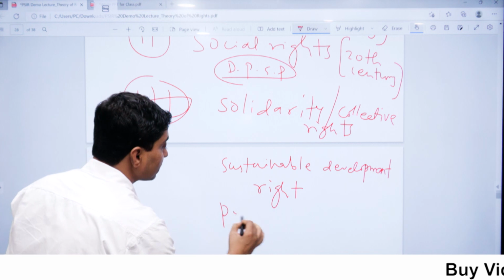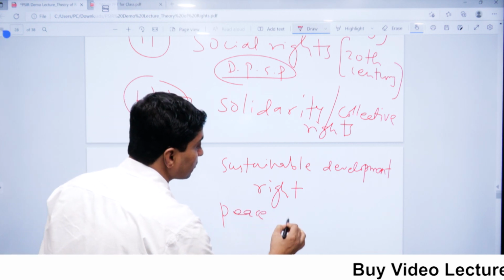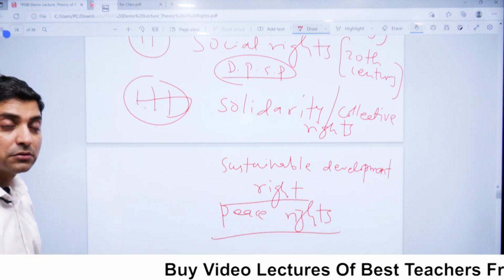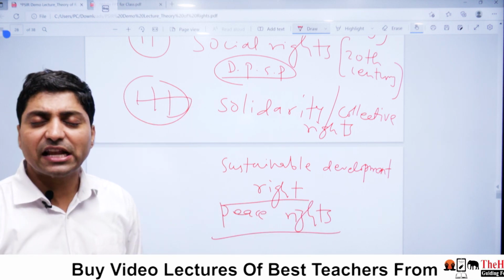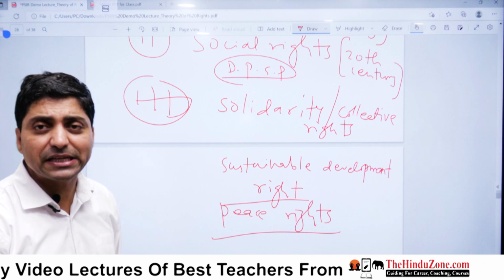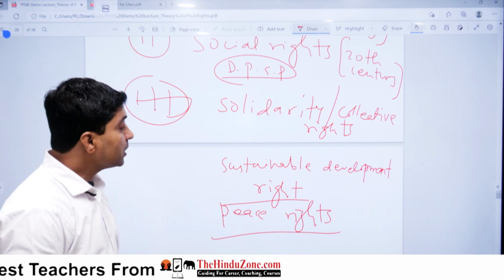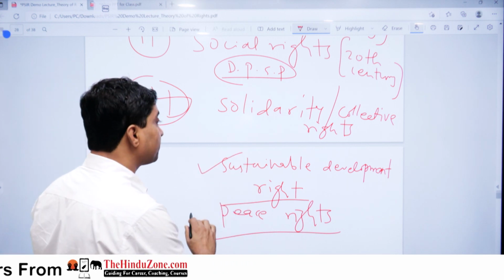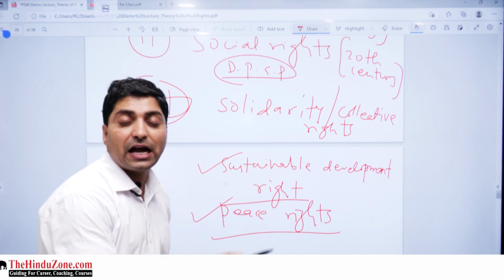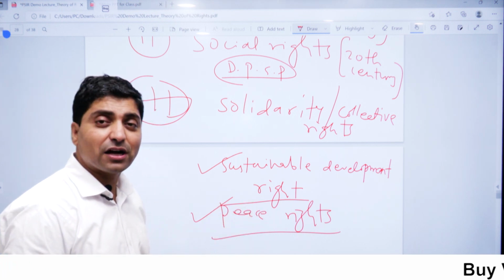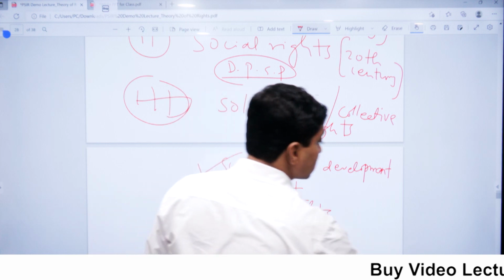Peace right. Now if you see the Ukraine-Russia war, irrespective of nationality, people are fighting for peace and say no to war. So sustainable development rights, peace right, and environmental rights, these are all third generation rights.